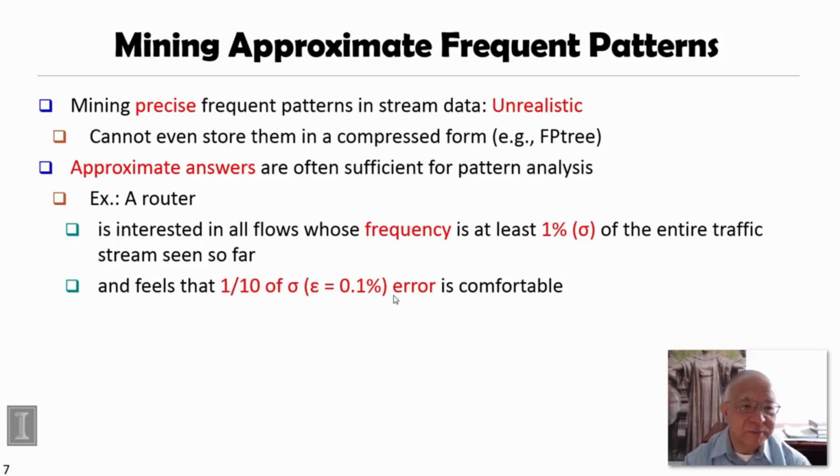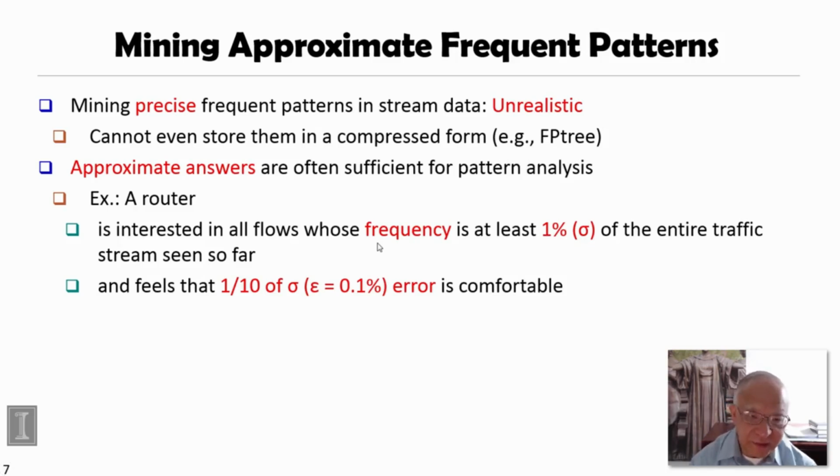For example, a router could be interested in finding the flows in the network whose frequency is at least 1% of the entire traffic stream seen so far. If you identify those frequently occurring flows, you'll probably be pretty happy.